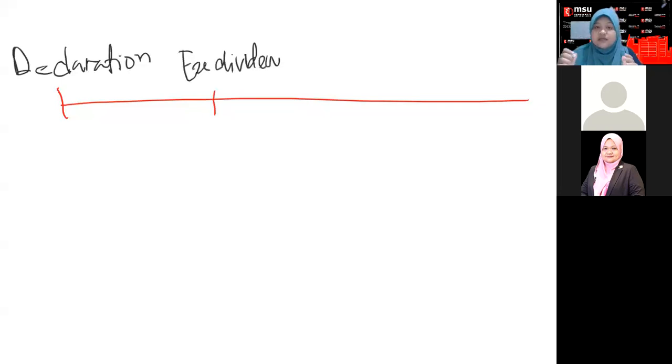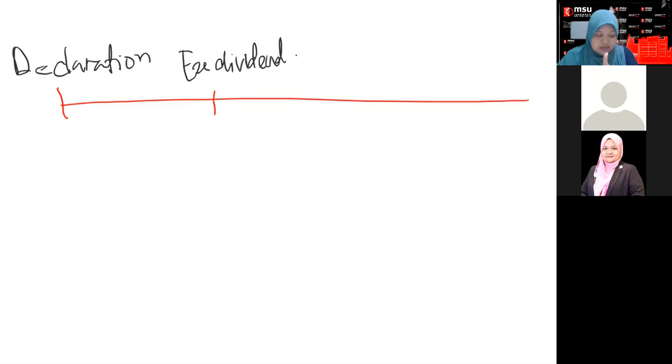During the ex-dividend date, the company will cut off any new investors. They will cut off new buying and selling. So these are the dates where the stock cannot be traded anymore.